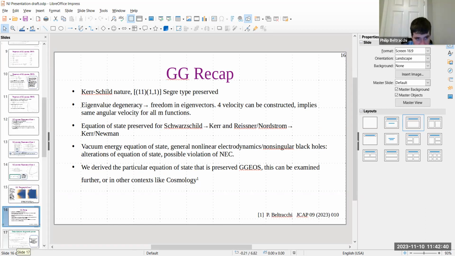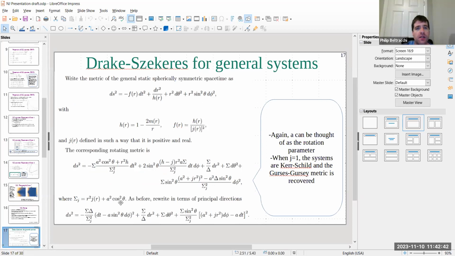So, as I mentioned, Drake and Szekeres came up with a further version of the algorithm for which you could use an arbitrary statically spherically symmetric spacetime as the seed system rather than just Kerr-Schild.